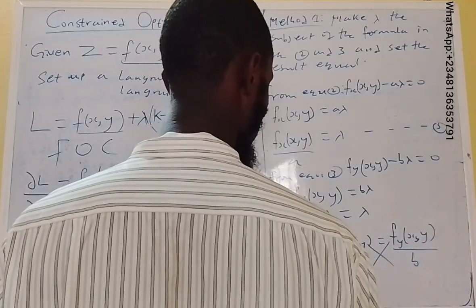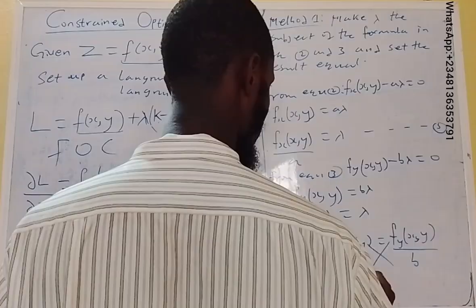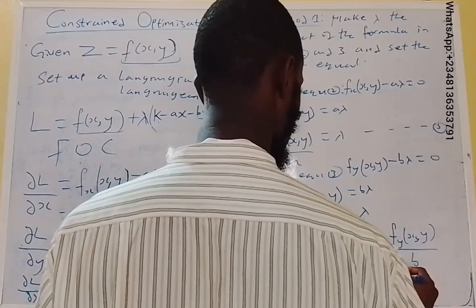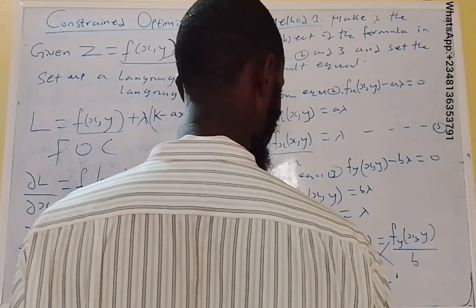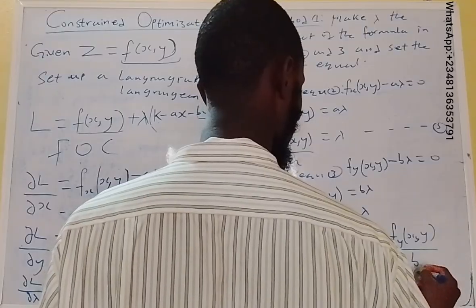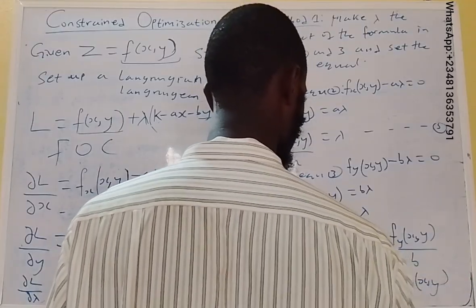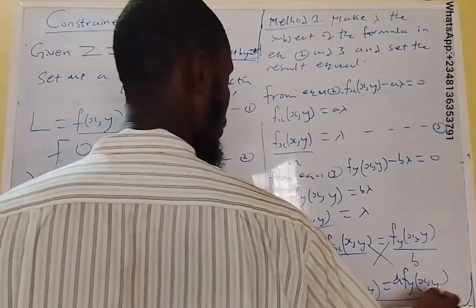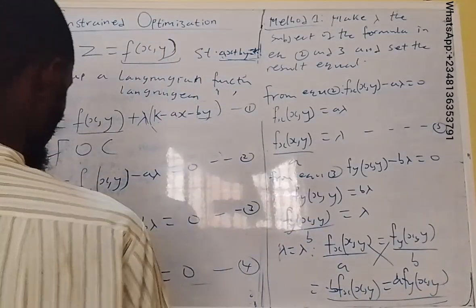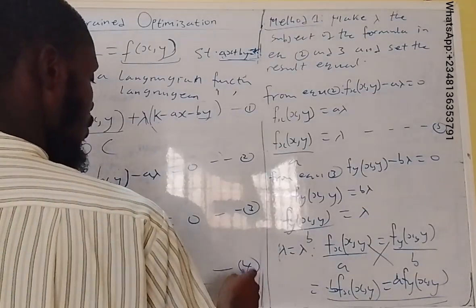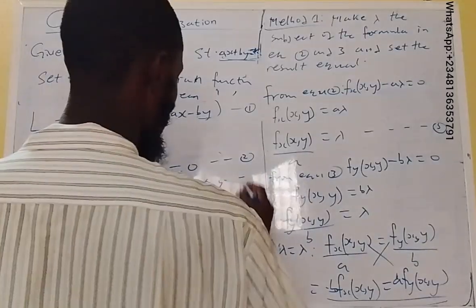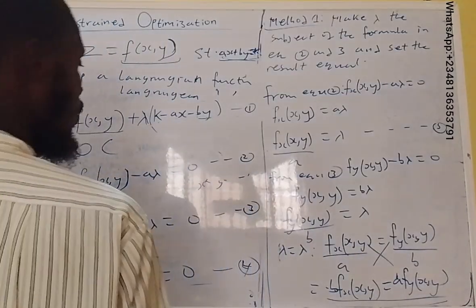If I cross multiply, I have b times f_x(x, y) equals a times f_y(x, y). This is what I'm going to solve. When I solve this, I'm going to make either x or y the subject of the formula and substitute into equation 4. That will give me the values for x and y, and I'll be able to determine the value for lambda too.